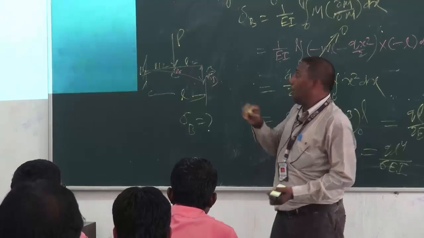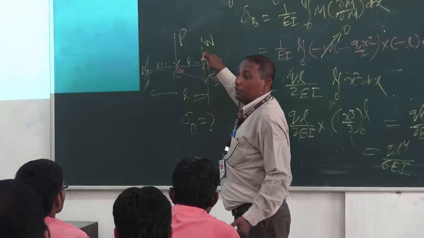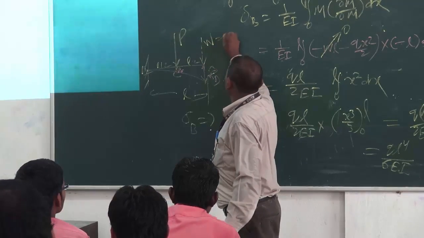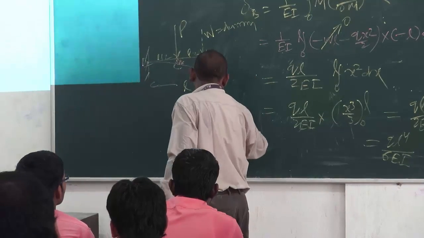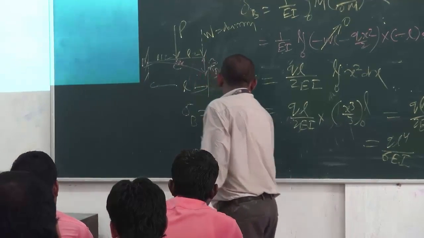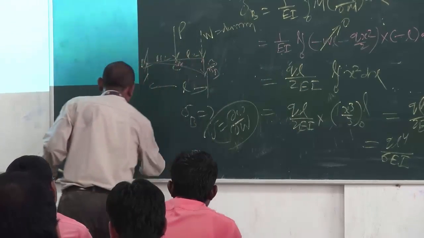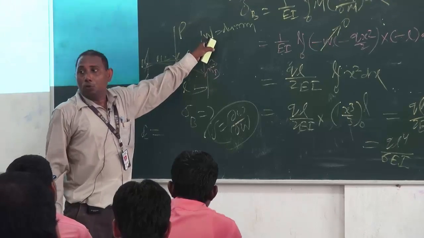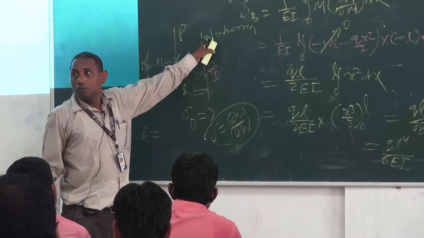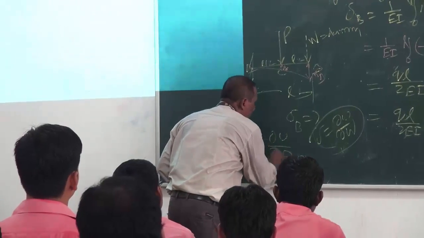Only thing, you have to introduce a dummy load. The dotted line is not a real load, it is an imaginary load. This is your dummy load. Then delta B is nothing but dou U by dou W, not dou U by dou P. And if delta C is required, there is no need to introduce a dummy load, and delta is equal to dou U by dou P only.